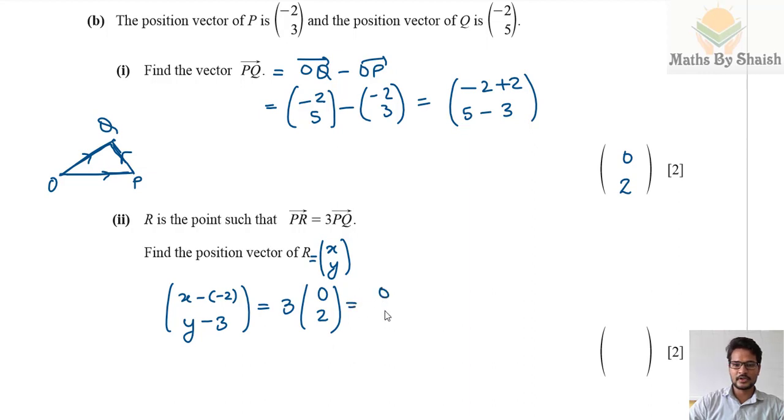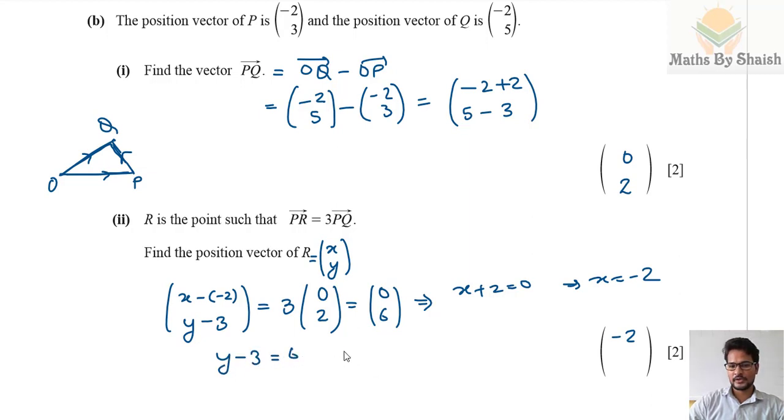So it becomes (0, 6). Then when we equate, we get x plus 2 equals 0, meaning x equals minus 2. So we will write minus 2 here. And for the other one, y minus 3 equals 6, so y equals 6 plus 3, that is 9. So we will write it here.